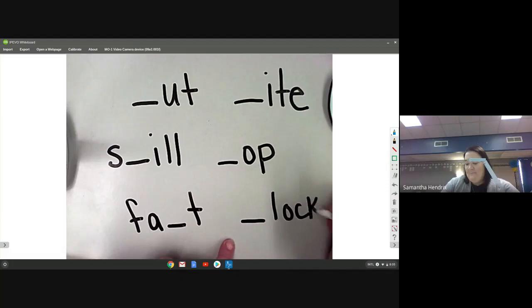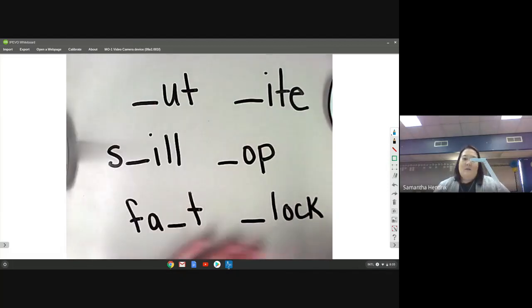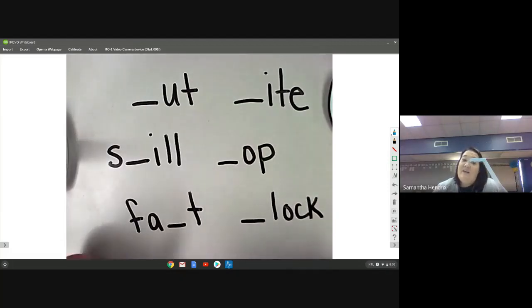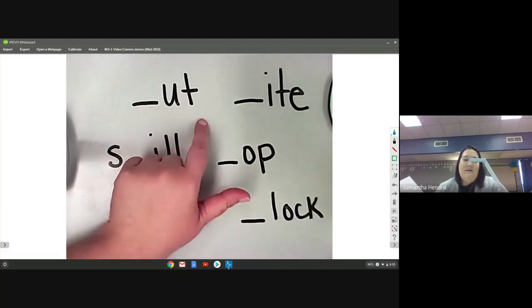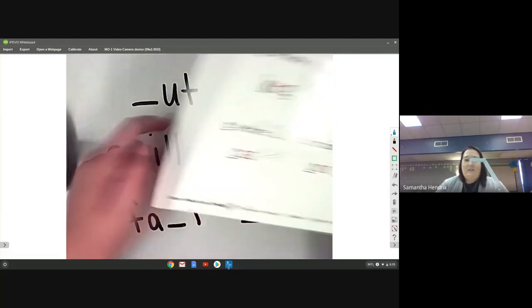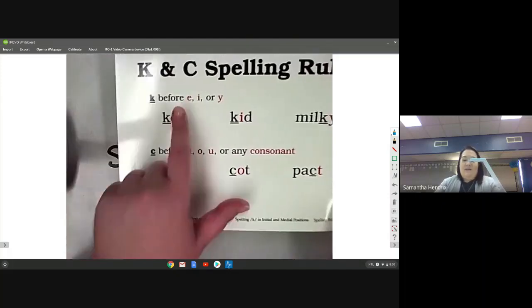Okay, so here are our words, and they're all going to have the k sound in them, but we have to figure out if we're going to use a K or a C. So let's look. We have k, that's a U, so let's look at our rule card.